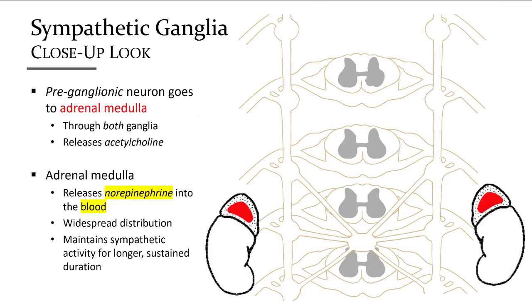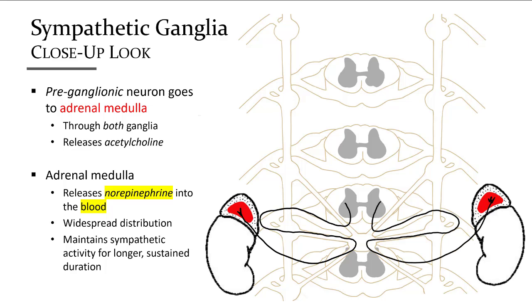The pathway to the adrenal glands is that it never stops except for the adrenal gland. So it's one direct route from the spinal cord. It does go through both the chain ganglia and the collateral ganglia to the adrenal gland. It is then the adrenal gland that will release it into the blood to be distributed throughout the entire body.